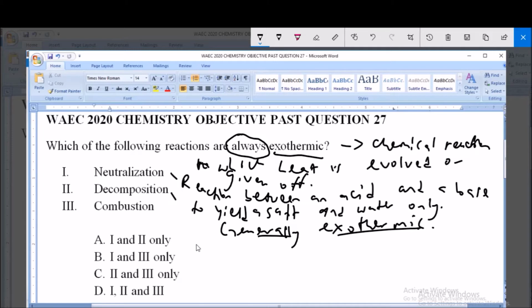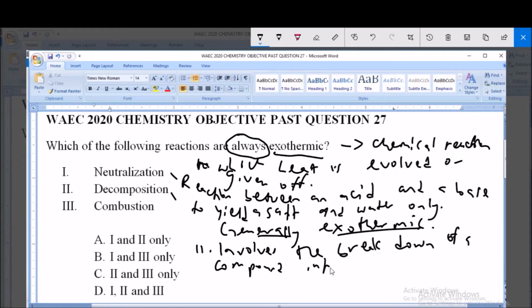So the second reaction, decomposition reaction, is a reaction that involves the breakdown of a compound into simpler substances.